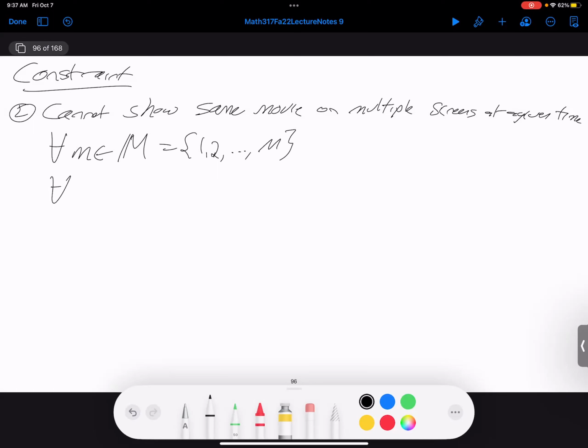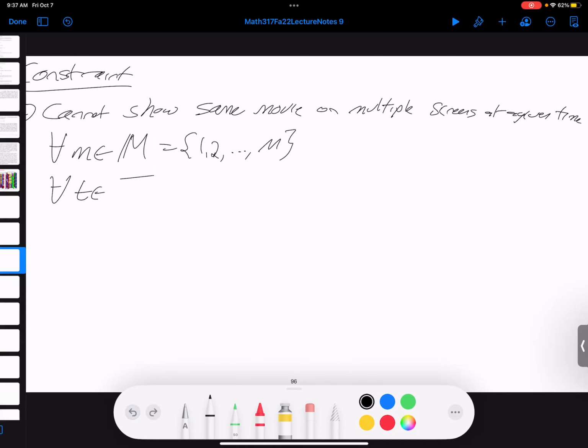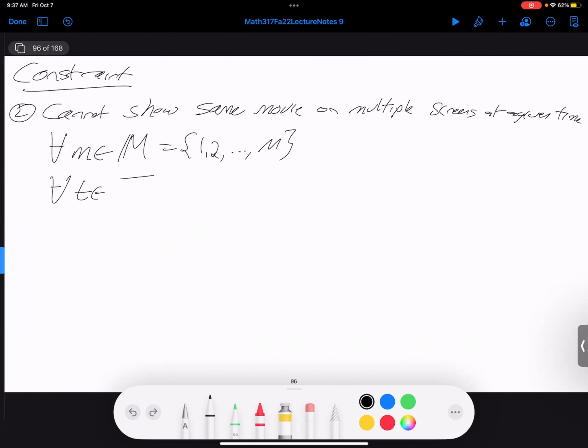Not every screen. I think we're going to sum over screens. We want to make sure it's showing on only one screen. So what should the for all be? For all time. So for all t in time, 1, 2, ..., t.